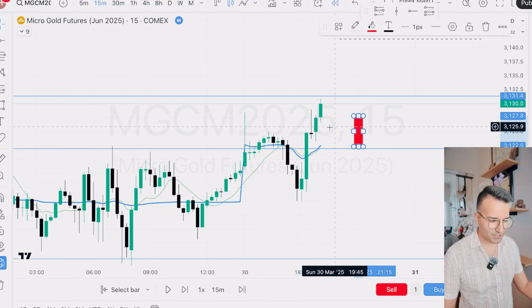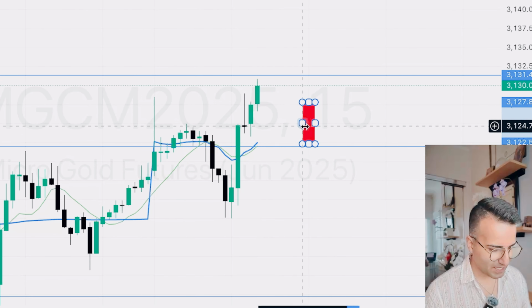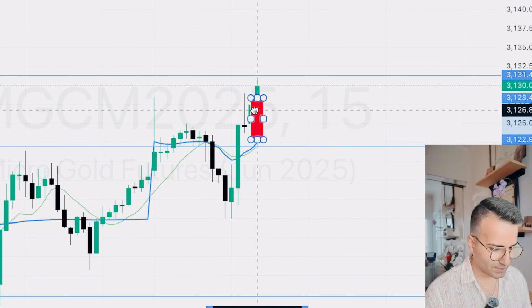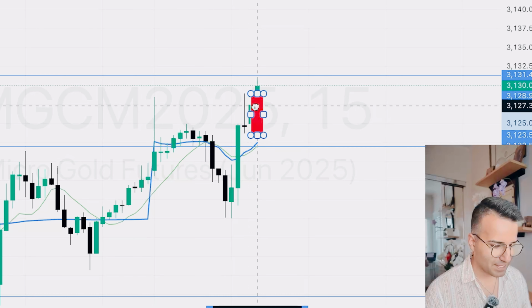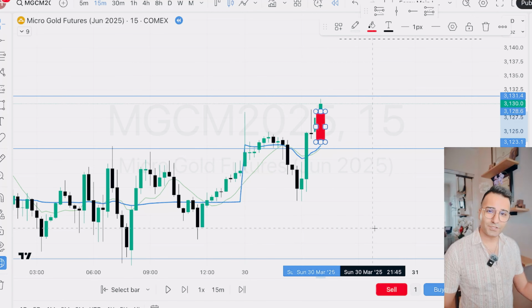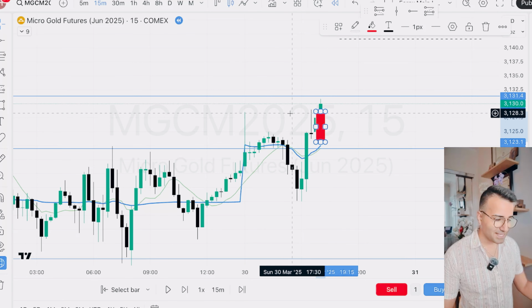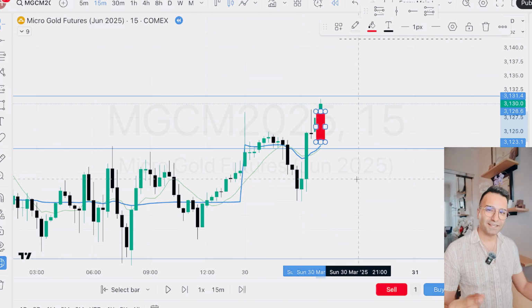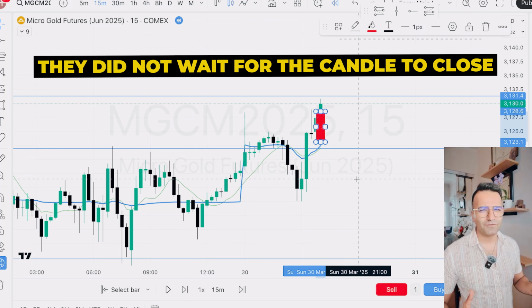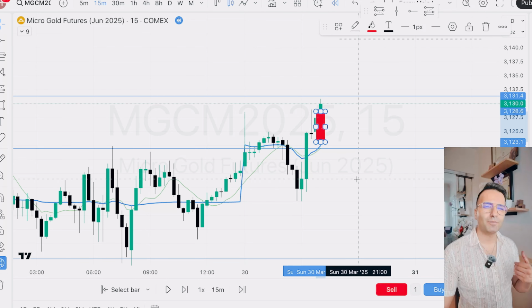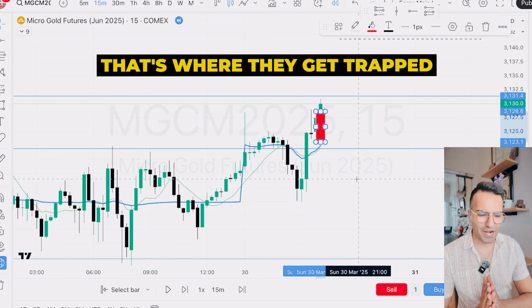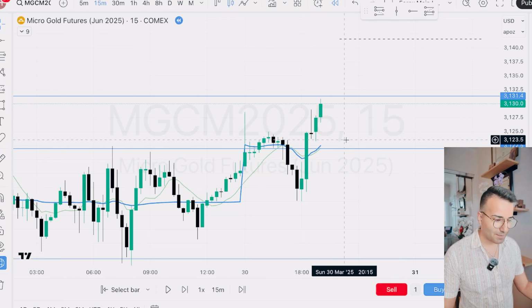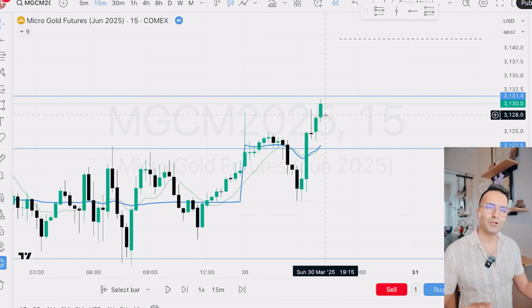Before it turned green, as you can see, there's a wick down here. So this was at one point something like this. It came down bearish. So what did the traders do? They saw that initial bearish close, then they saw that big red candle forming. They did not wait for that one to close, so they jumped right in, and that's where they get trapped. So once I saw that liquidity grab and close, here I was looking for longs.